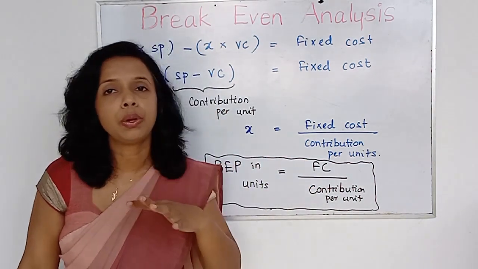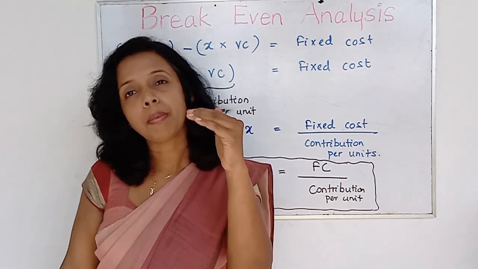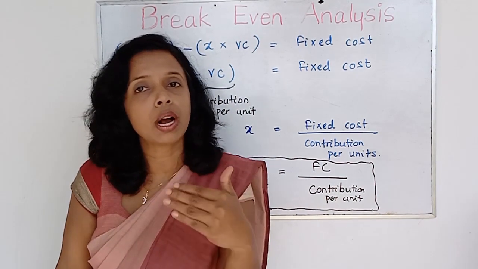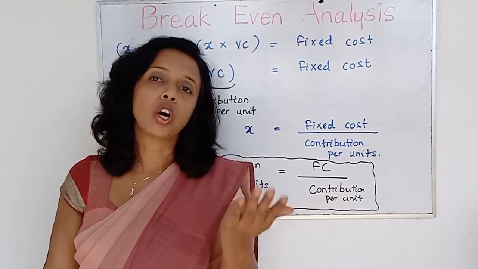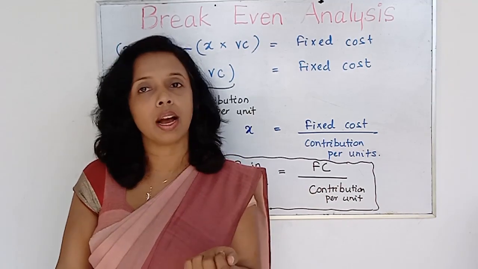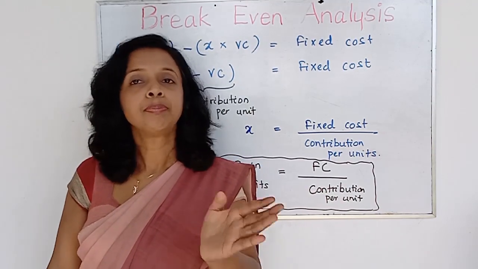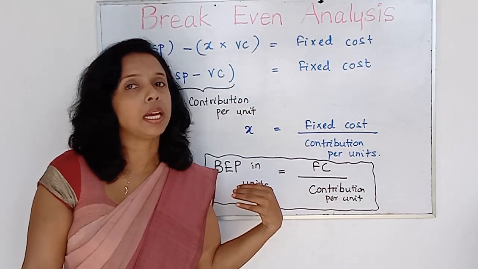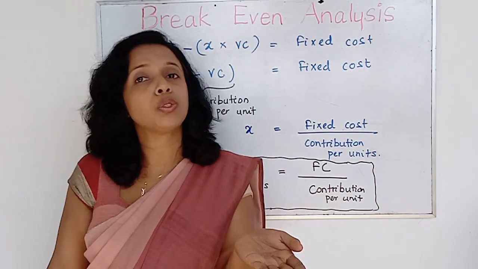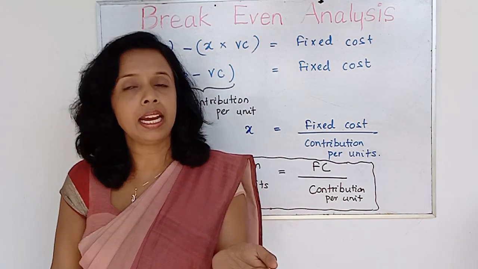Now, I told you, when you come up to this level, you don't have any profits, right? You are trying to cover your cost, to recover the cost which you have incurred so far. Let's say for an example, my break-even point in my business is 500 units and I am planning to produce 1500 units, right?